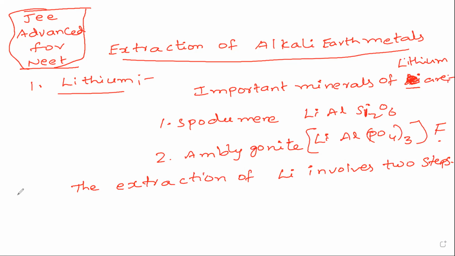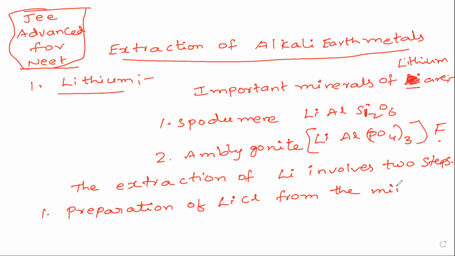Step one, preparation of lithium chloride from the minerals. First the ore is heated at about 1373 kelvins to convert it into a more friable form, which is then washed with sulfuric acid. So first step, preparation of lithium chloride from minerals.